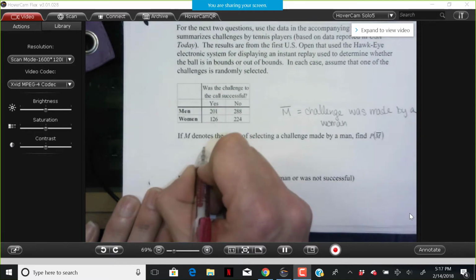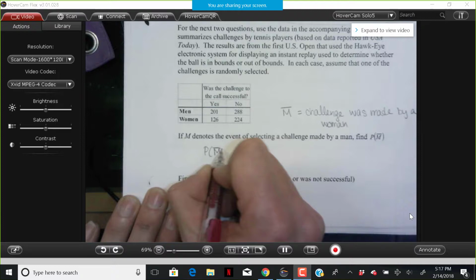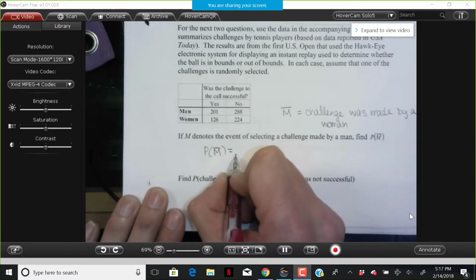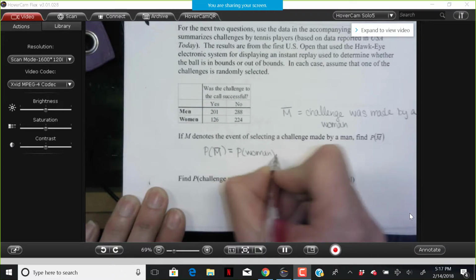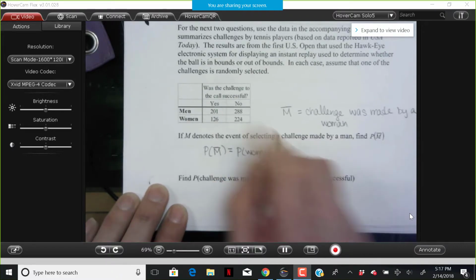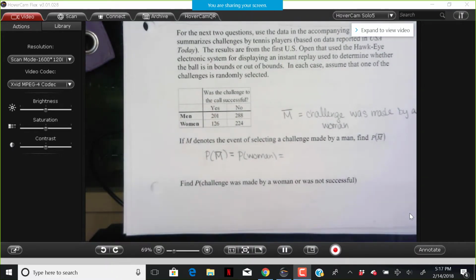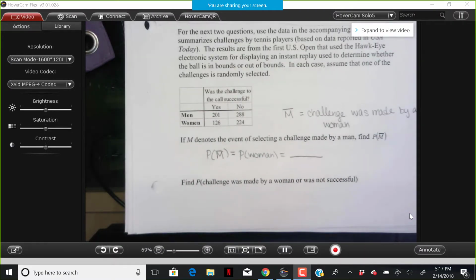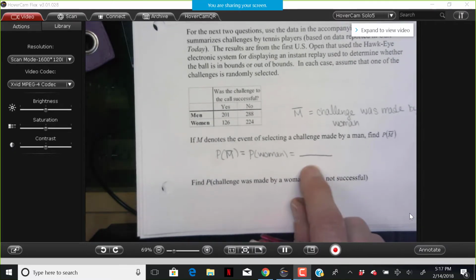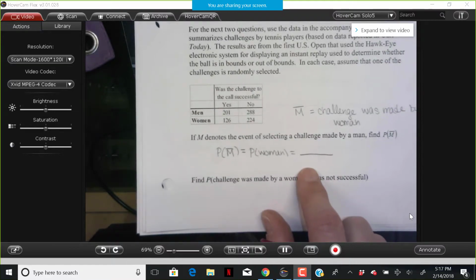Okay, so P of M complement, and if you want to think of it as the probability that the challenge was made by a woman, all this table, everything is a challenge, right? So first of all, we would want to find the number of challenges made by a woman divided by the total number of challenges altogether.